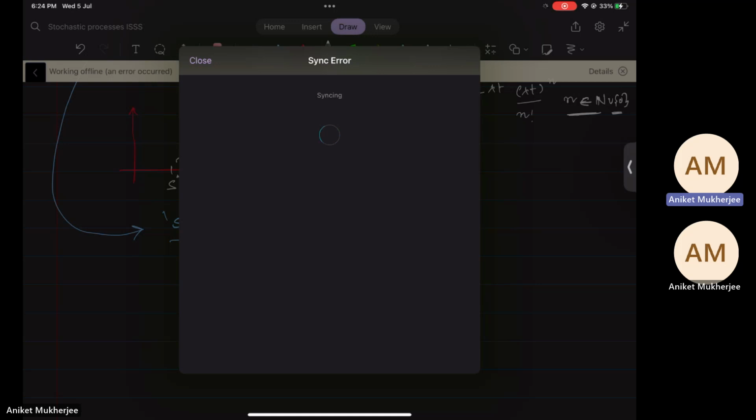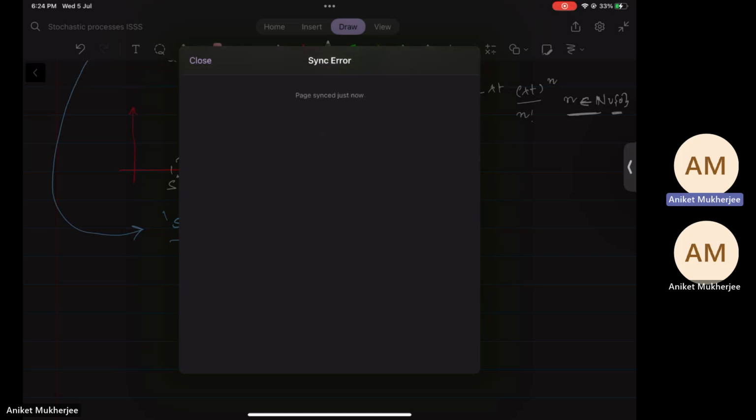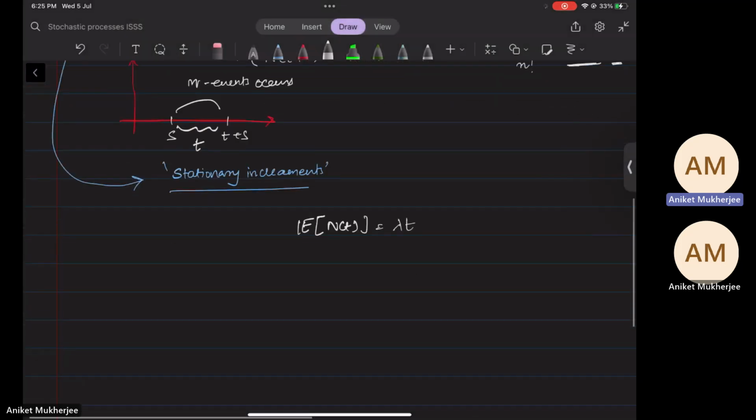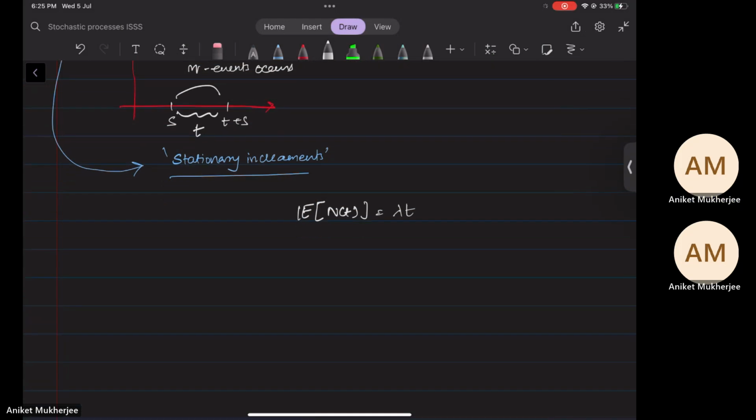Okay. Then we also saw there's a second definition for the Poisson process. Definition two: again you have a counting process N(t) such that t greater than or equal to 0.